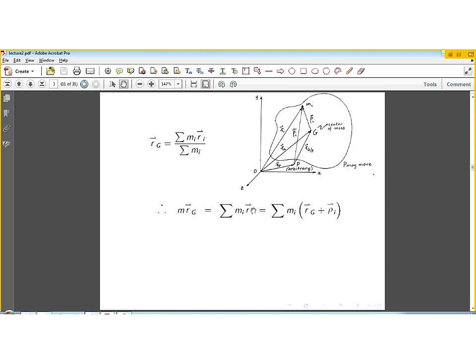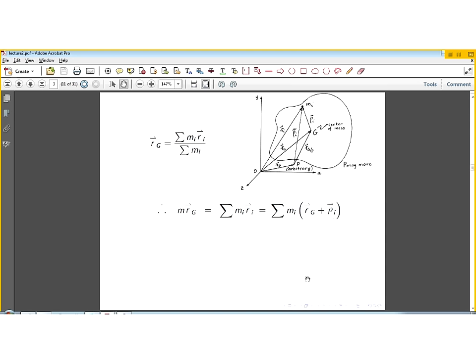And if I now say, well, I know that the position vector of the generic point i can be written as this vector sum of the position vector of the center of mass and the position vector of the particle i relative to the center of mass, rho sub i.